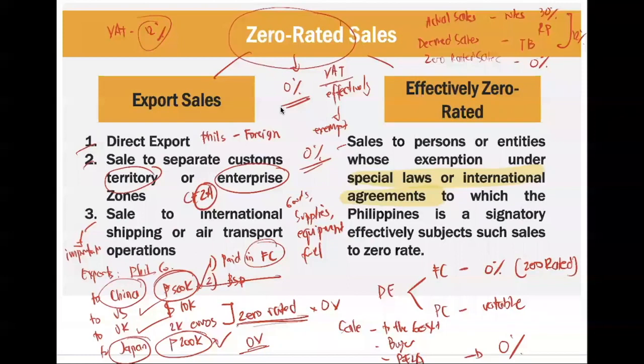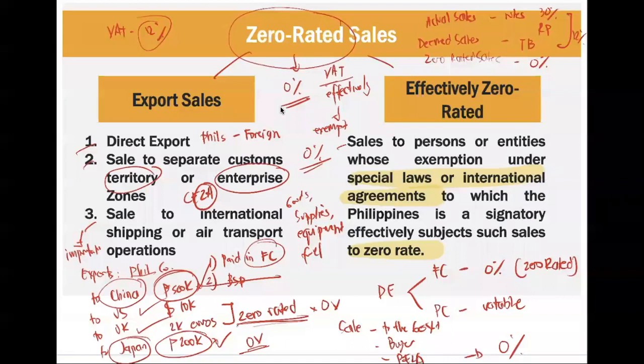What are examples of these effectively zero rated sales? We have your sales to International Rice Research Institute, sales to UN, WHO, World Health Organization, UNICEF, Red Cross, what else? Different embassies. Okay, so those entities with which we have international agreements are subject to zero rate.